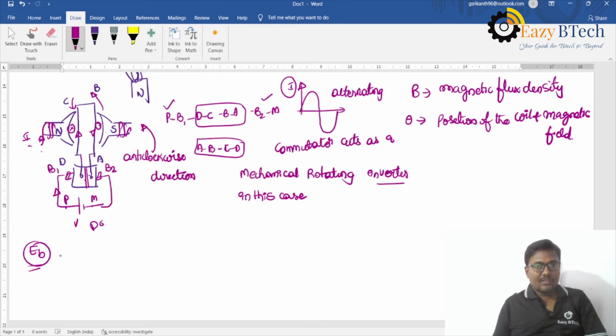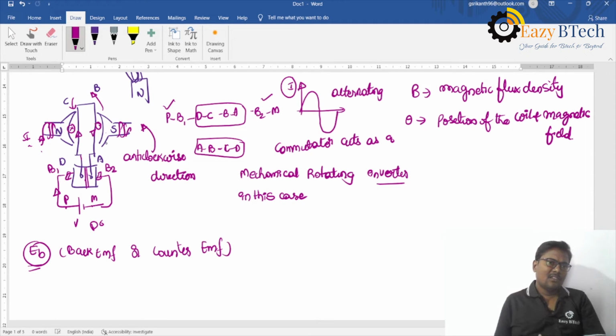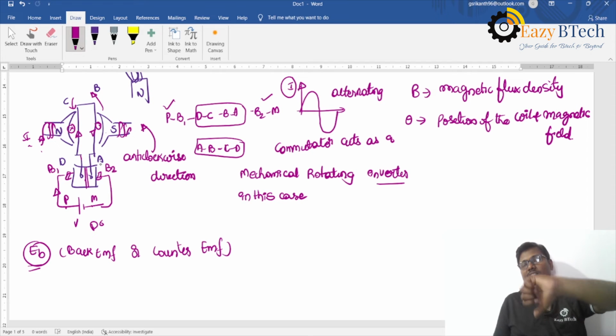See, because of supply voltage, the armature rotates. With this rotation, the armature cuts the flux, and EMF is induced, and this EMF is called the back EMF or counter EMF. This is very, very important. The rotation of the conductors will be downward direction, the magnetic field is from north pole to south pole.